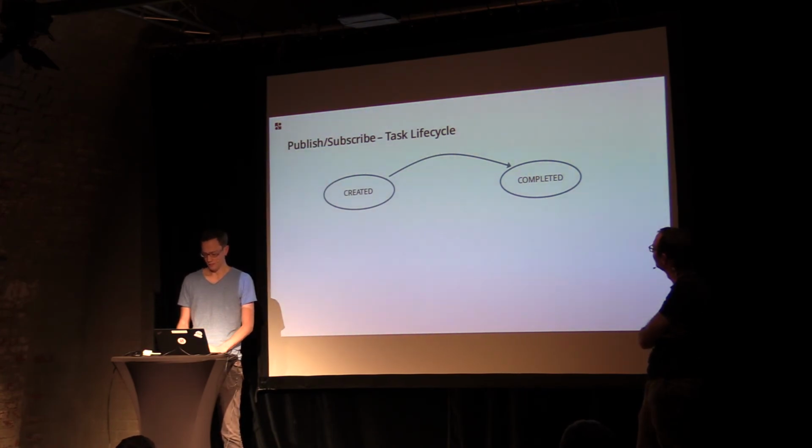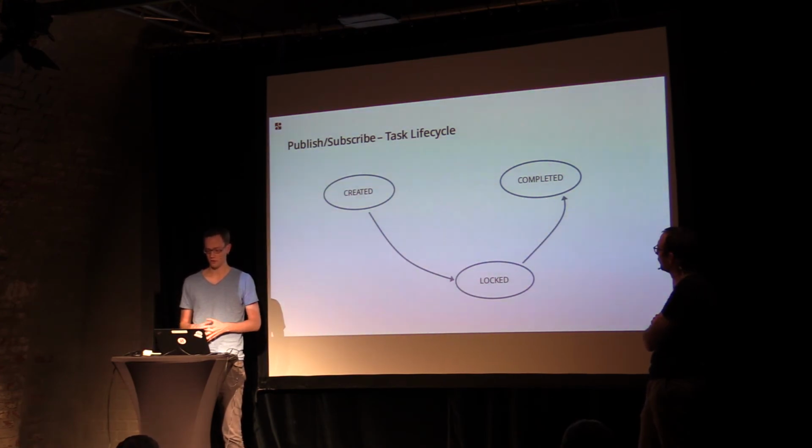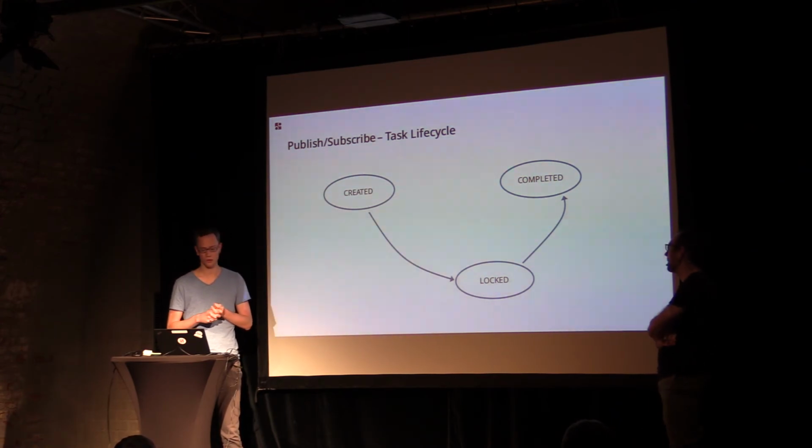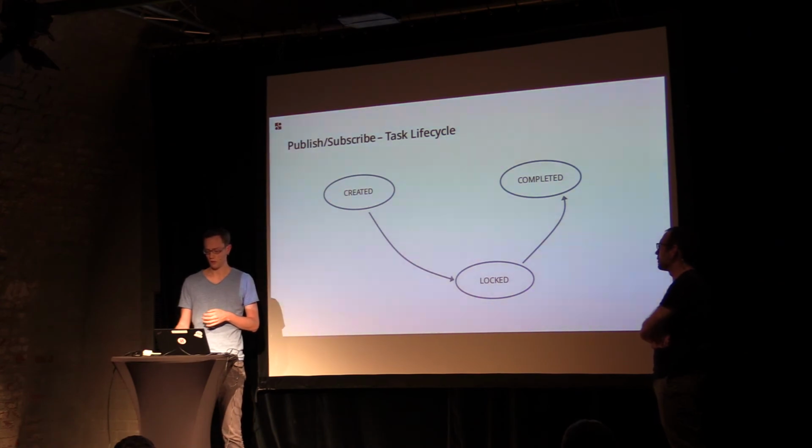Easy. Now, it does not work like that in real life because, for example, we can have multiple subscribers for the same type of task, and then we want to publish every task only to one of the subscribers. So we introduce a new state, we call it locked, and the ZB broker locks tasks for individual subscribers.